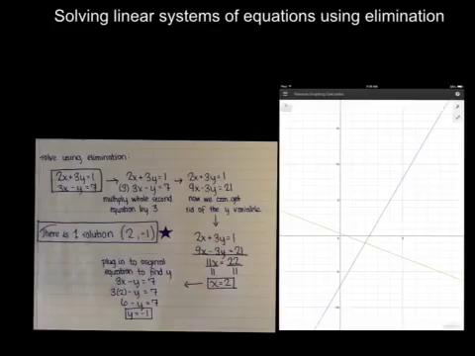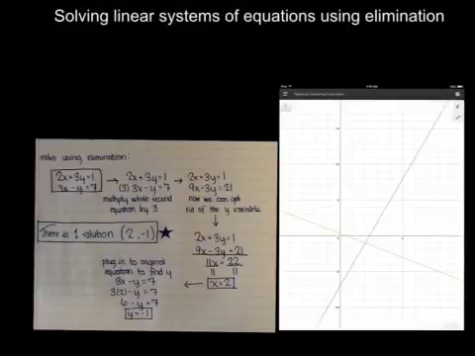Solving linear systems of equations using elimination. So when we use elimination, we multiply one of the equations to get rid of a variable. So when we have 2x plus 3y equals 1 and 3x minus y equals 7, we can multiply 3x minus y equals 7 by 3 to get 2x plus 3y equals 1 and 9x minus 3y equals 21.